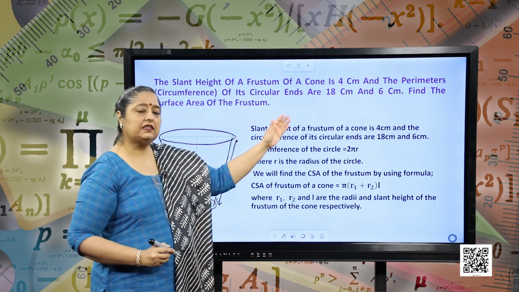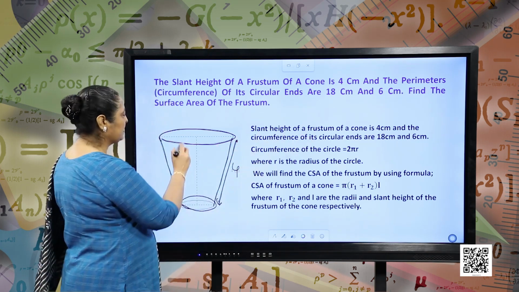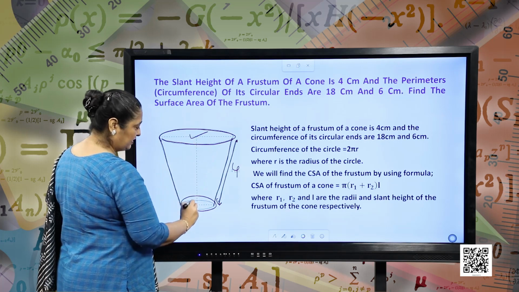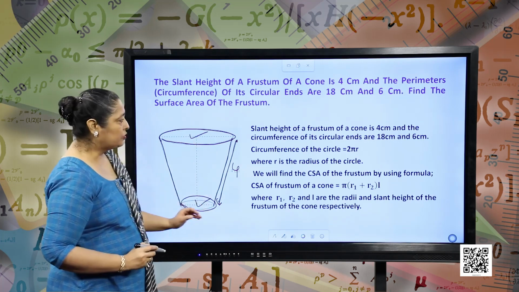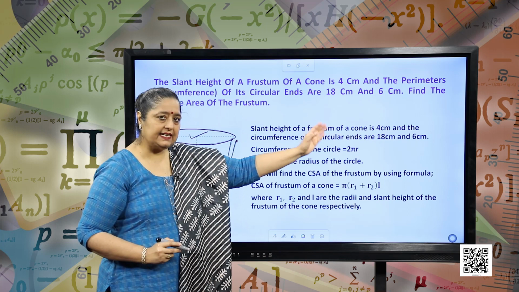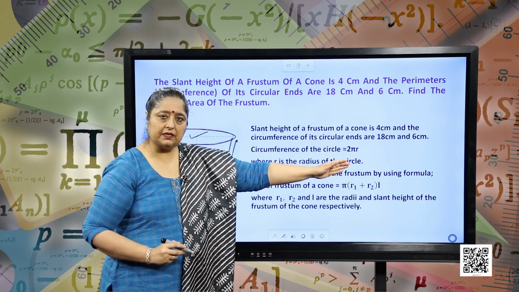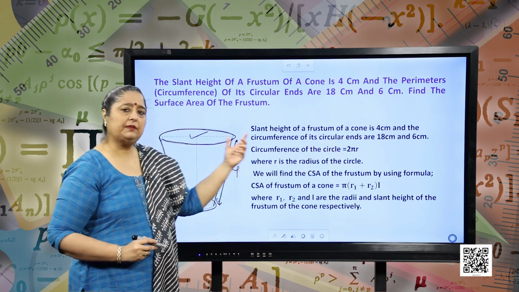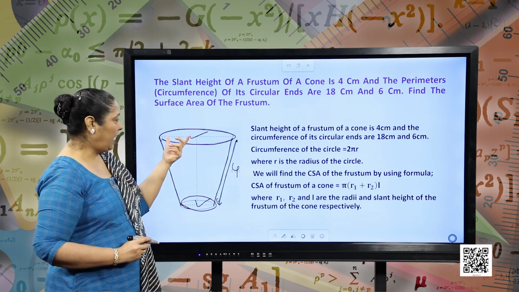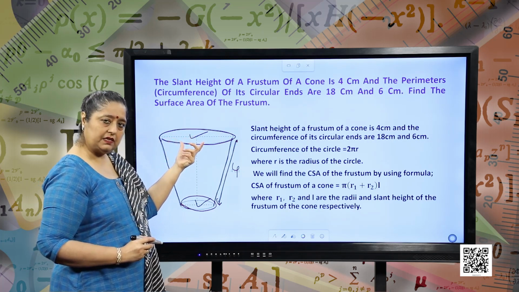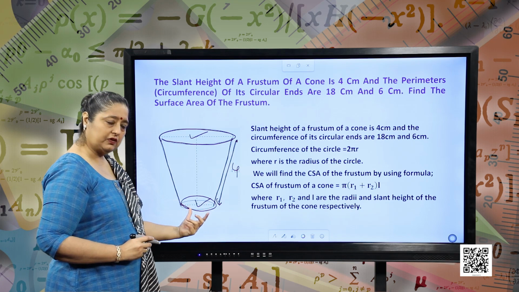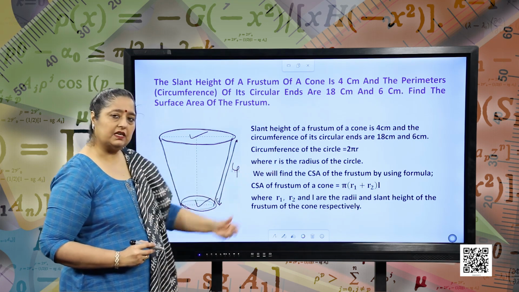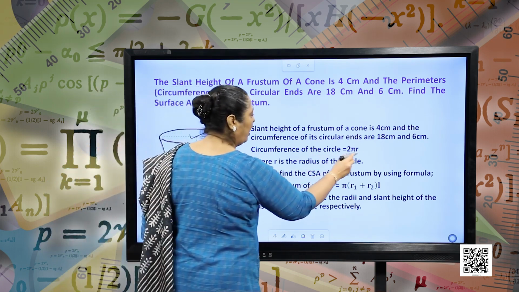Also, we are given the circumference of the circular ends. See, this is the circular end and this is also a circular end. So, the circumference is given as 18 centimeter and 6 centimeter. Clearly, 18 centimeter is the circumference of the upper circular end and 6 centimeter is the circumference of the lower circular end. The circumference of the circle is given by 2 pi r.